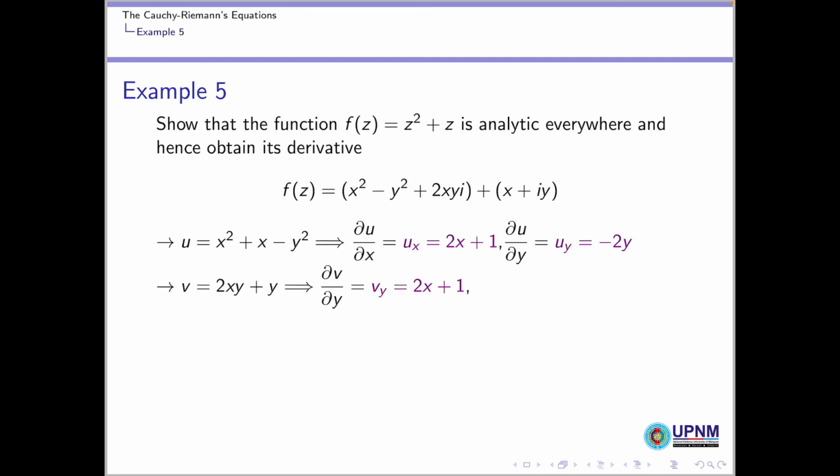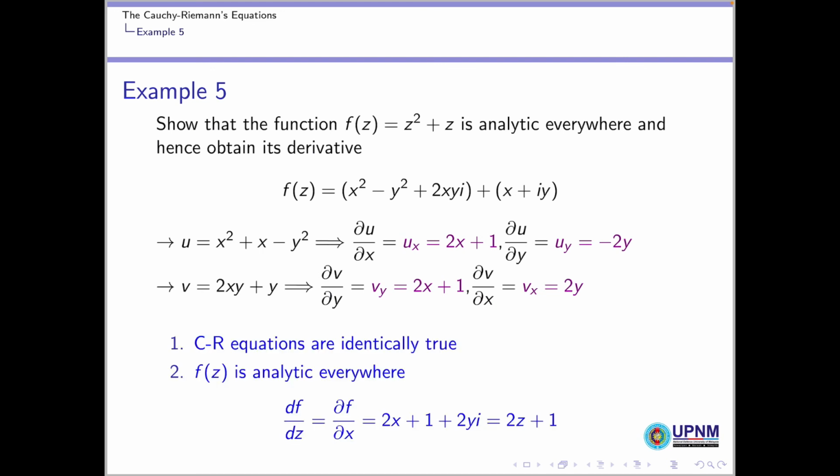For v, we have v_y equals 2x plus 1, which equals u_x. And then for v_x, we have negative 2y, which equals negative u_y.